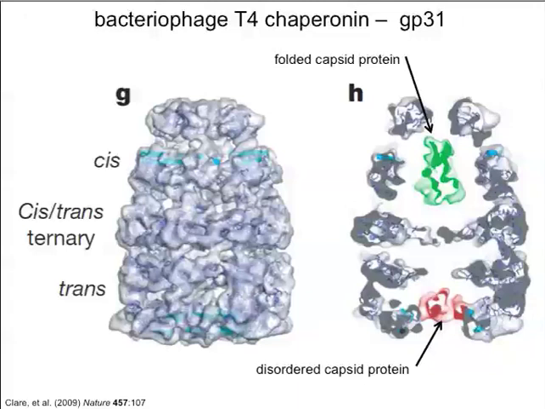They have their own chaperone machinery, and this is a great structure, right? Obviously a Nature paper, because they've determined a structure of the chaperone. Here you can see the two toroids, right? And then there's the GroES analog, and you can see inside the folded protein, right? And on the other side you see the disordered protein.